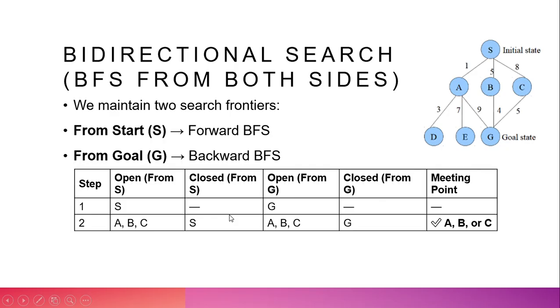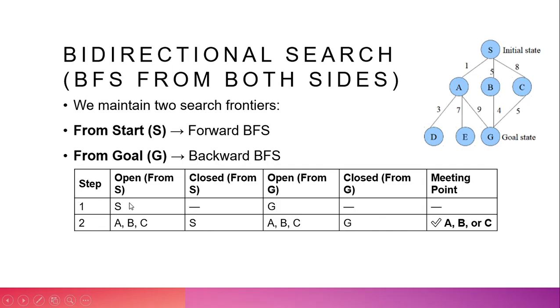Bidirectional search also can use breadth first search strategy for performing the search operation. So it will be using a FIFO queue. So over here also there will be a forward search and backward search. So we'll start with the S node in the forward search and we'll start with the G node in the backward search. As S and G are not the goal node, we will extract their child element.